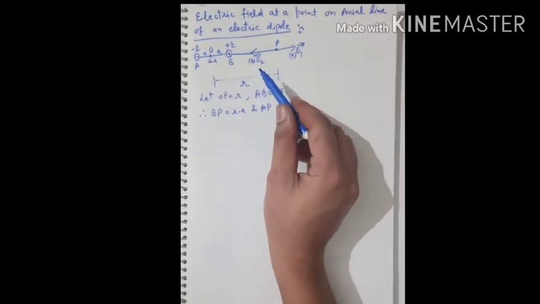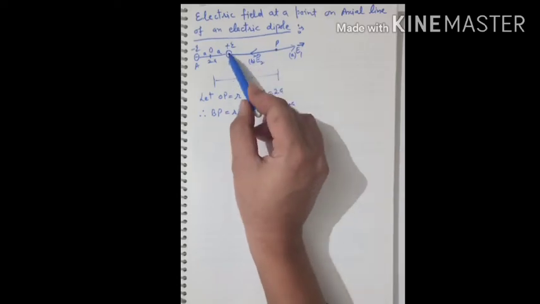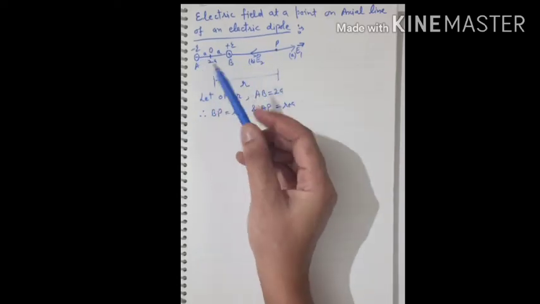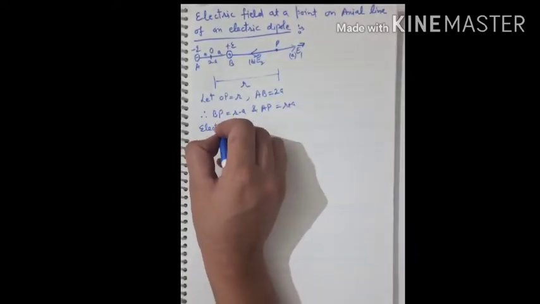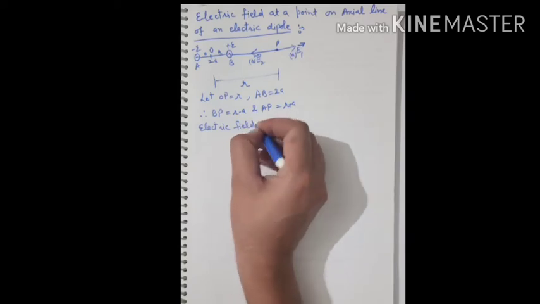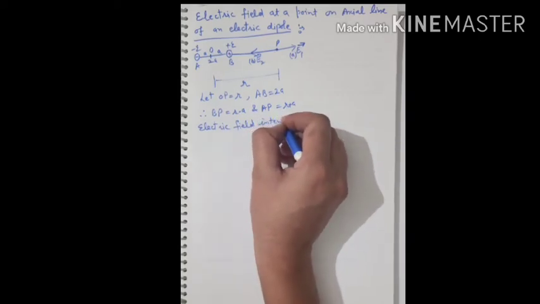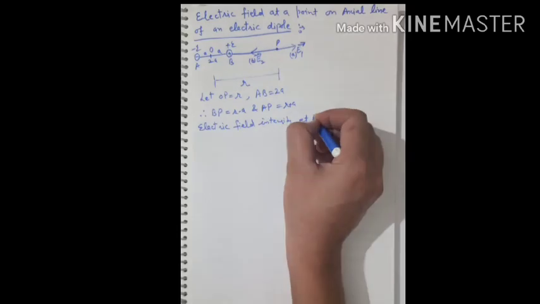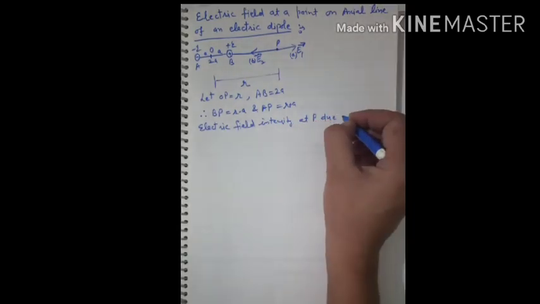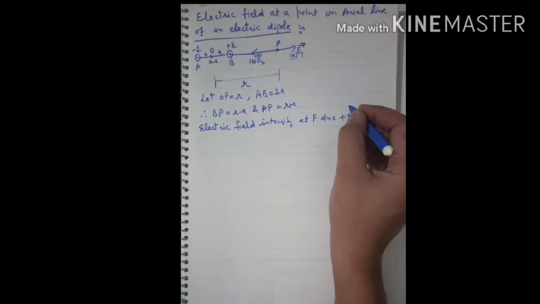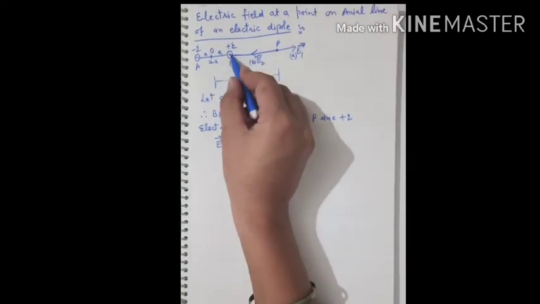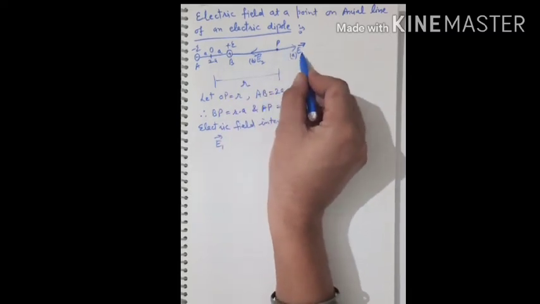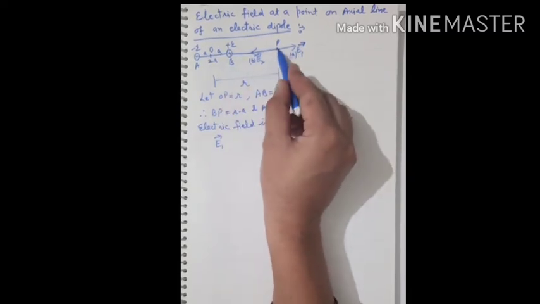Now we find the electric field intensity at this point due to the positive charge and due to the negative charge. Number one is the electric field intensity at point P due to the plus q charge placed at point B. Because this is a positive charge, and the test charge is always positive, it repels the test charge in this direction.